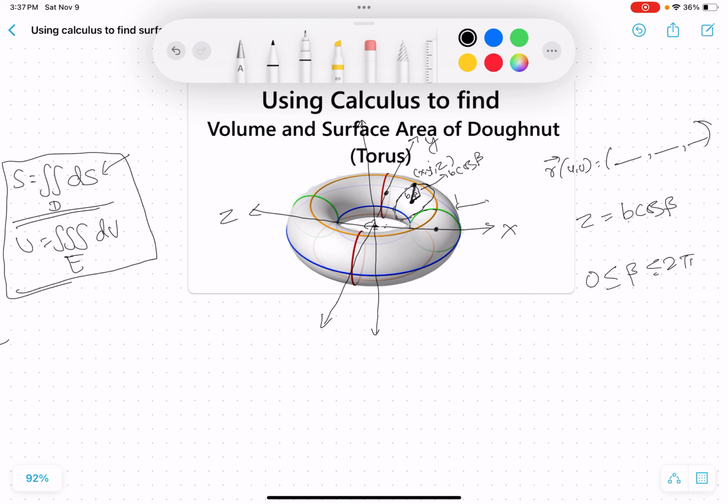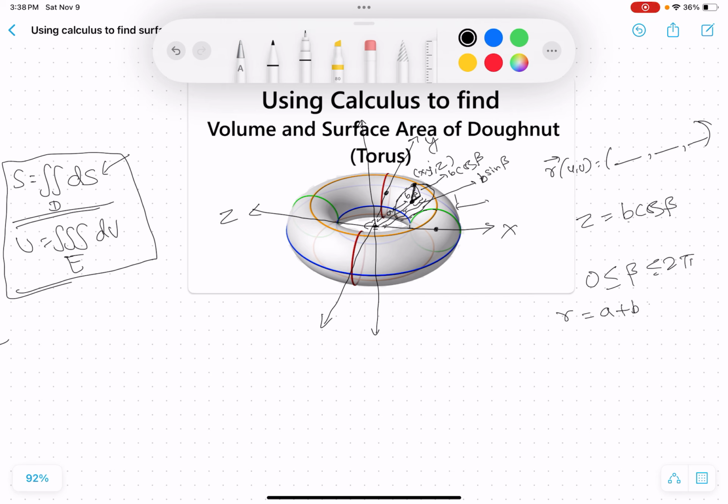Now for the other points, notice that b sine beta will be this length over here. And if we say that the distance from the center of the circle to the center of the torus is a, then this entire length, let's call it r, is just a plus b.